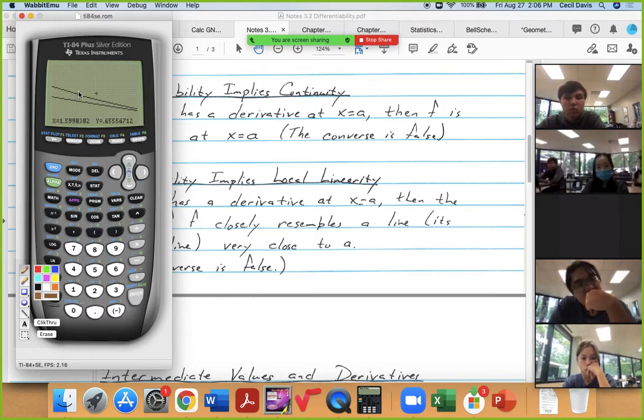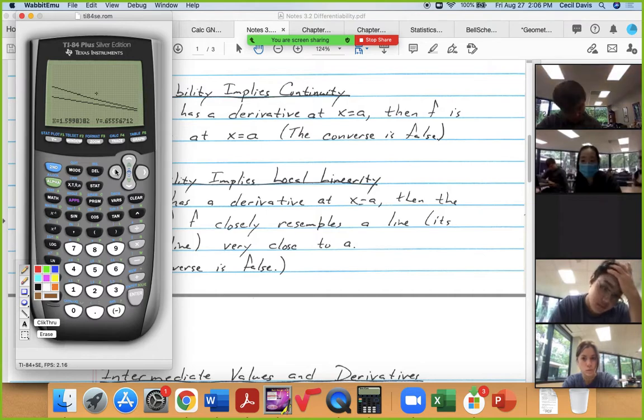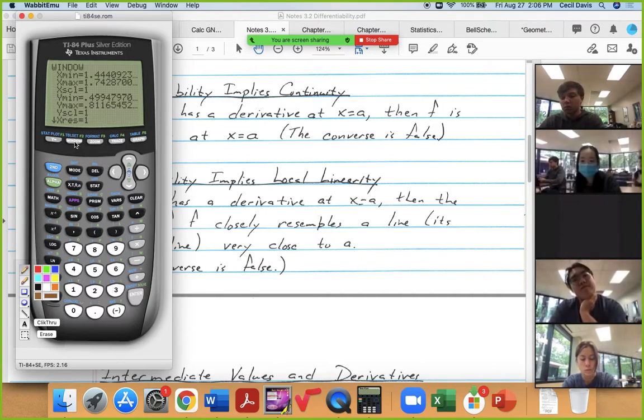You see how this 1 over x is starting to look more and more like a line? And in fact, it's starting to look a lot like this tangent line. Let's see. If that's 1 over x and it's at 1, hang on just a second.